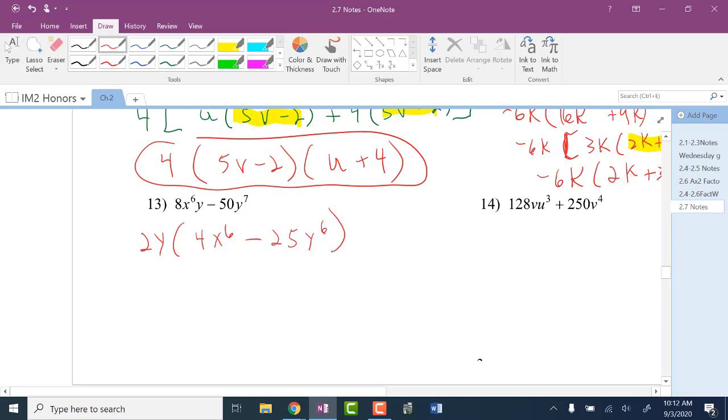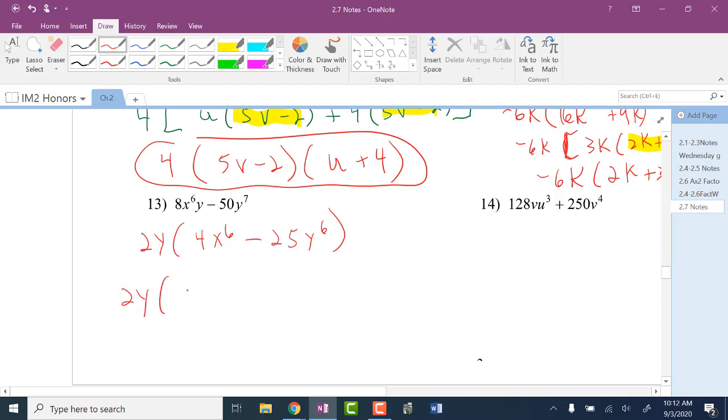Now, this is where this gets a little goofy. Is this a difference of squares or a difference of cubes? Because they kind of look similar. There's only two terms. x to the 6 and y to the 6 are cubes and squares. Oh, my brain's going crazy. But 4 and 25 are squares. So this is a difference of two squares, and we'll prove it.